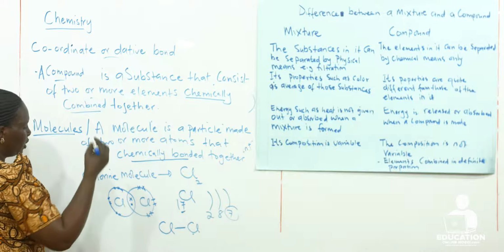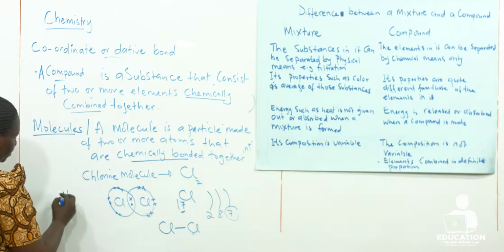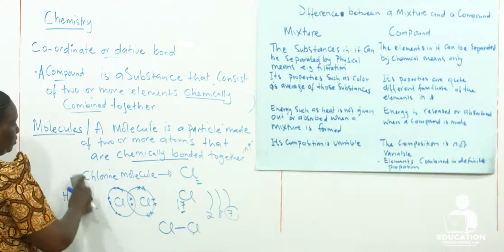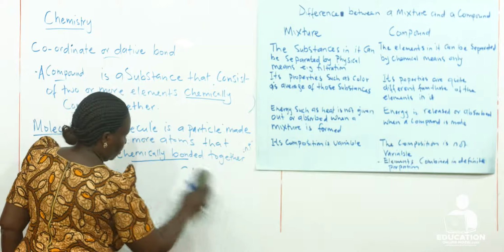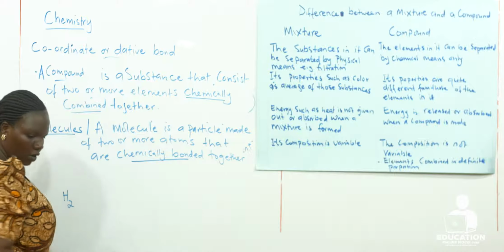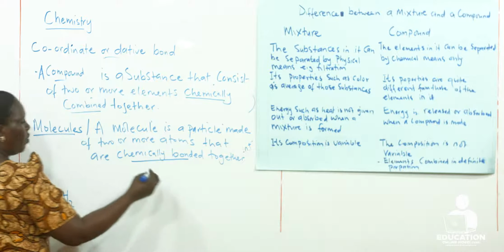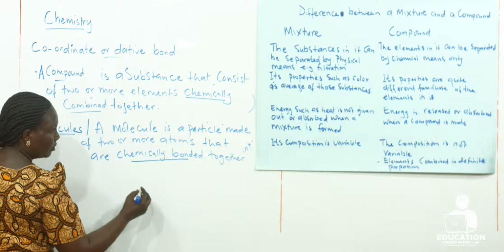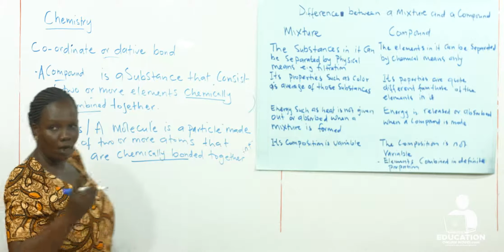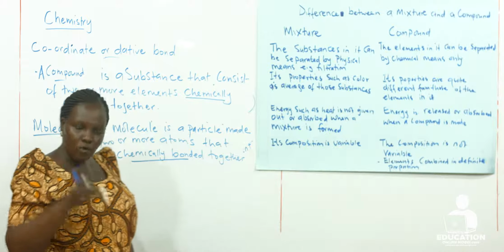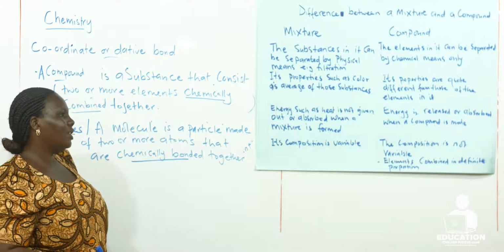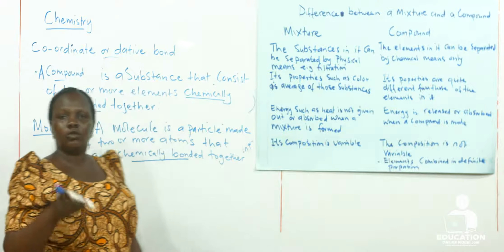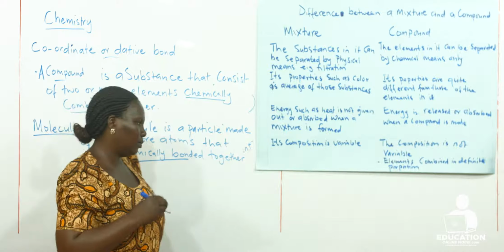We have hydrogen molecule. We know that hydrogen has got only one electron. So hydrogen will only need one electron to have two electrons in the outermost shell, that is attaining the noble gas configuration that is similar to the electronic configuration of helium.